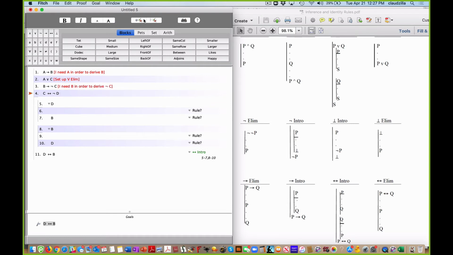And then I need C or not D in order to dismantle the biconditional. Right, so this is another way that I'm trying to have us think about pulling stuff off to the side. Okay, so take a look at line 4, take a look at line 5.